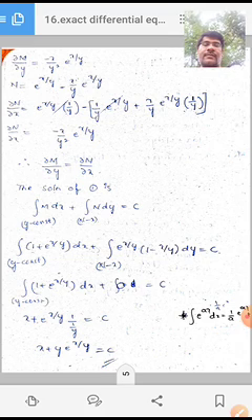Therefore the integration of 1 is x, plus e^(x/y) times y, that is x + y e^(x/y) = c. Yeah, this is the solution of the given differential equation. That is the exact differential equation.